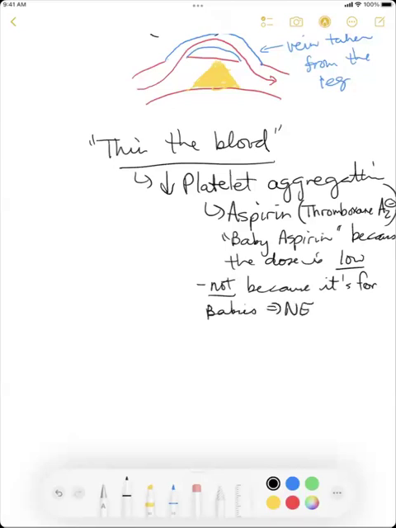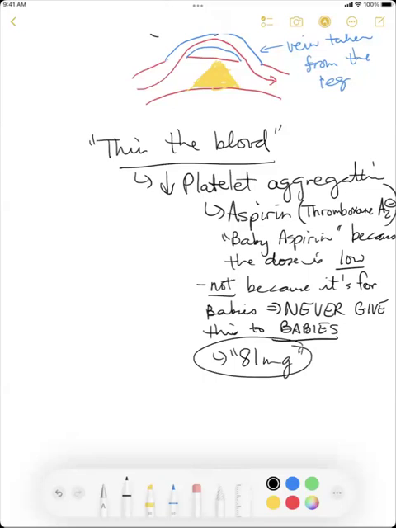Never give aspirin to babies. It's very dangerous. The dose of aspirin is 81 milligrams per pill. That's a baby aspirin.